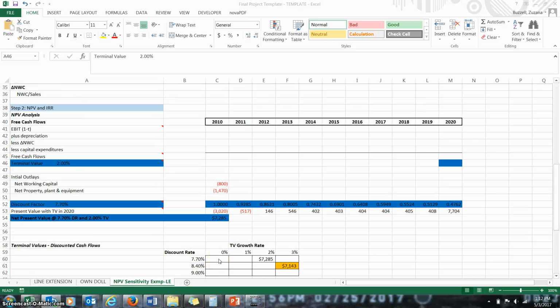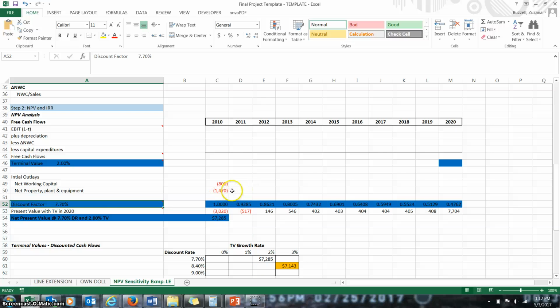So the question in the discussion board was about the sensitivity analysis. It's NPV sensitivity analysis, and as I said, it's a lot of work. But once you have the spreadsheet set up, it's actually not that hard. I have done an example for terminal value 2% and discount factor 7.70 for the line extension.